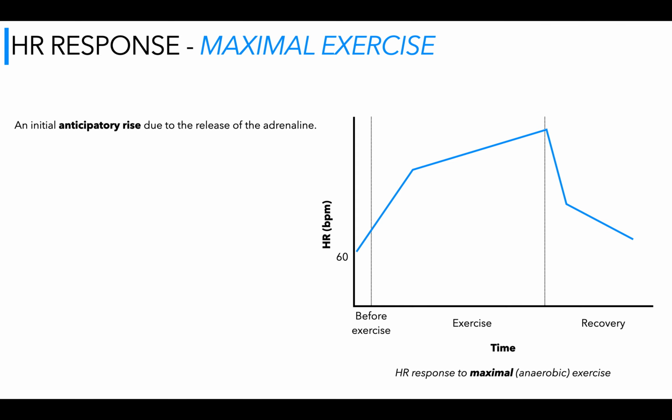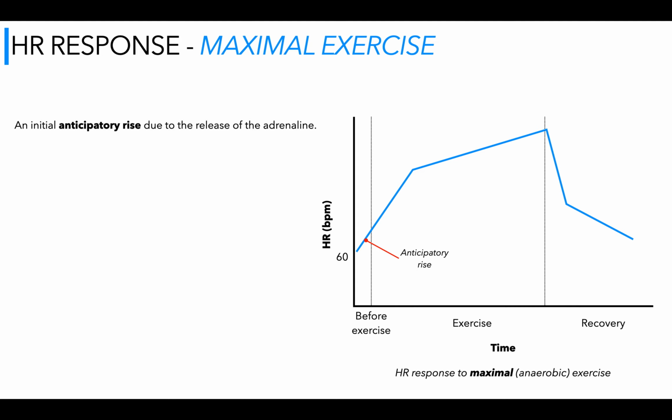The first one, as you can see, is an initial anticipatory rise, due to the release of adrenaline. So we could say here, we're going to run 100 meters, or we're going to do the multi-stage fitness test. We know how our body will feel at the end of it.